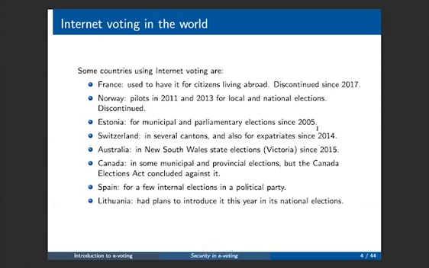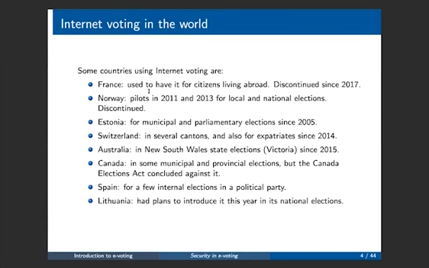There have been many countries where e-voting, internet voting in particular, has been used already. In some places, it is still used with a kind of success, let's say. In some others, it has been stopped for various reasons. For instance, in France, it was used for many years for citizens living abroad, so that they could participate in the elections anyway, but it got discontinued since 2017.